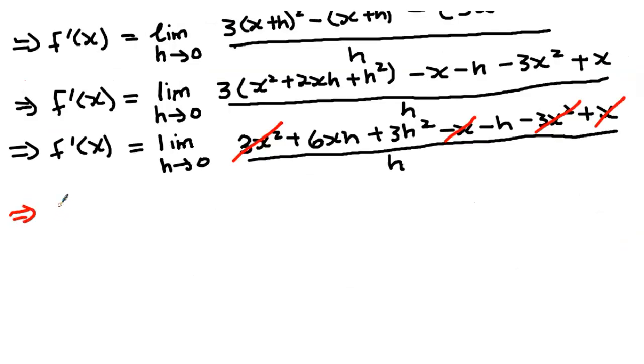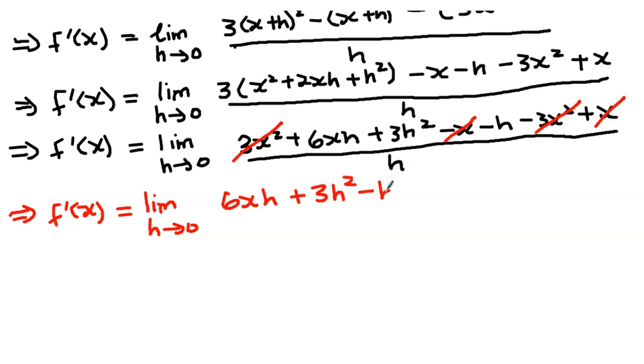This implies that the derivative of f of x is equal to the limit as h tends to 0 of 6xh plus 3h squared minus h all over h. Here we see h in each term, so we can factor that out.